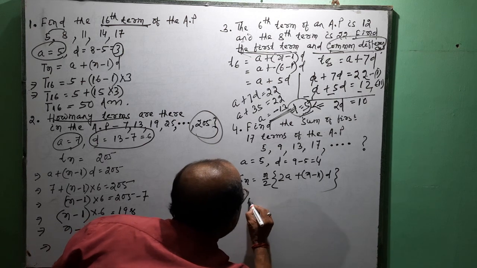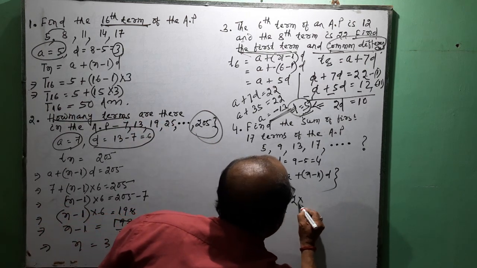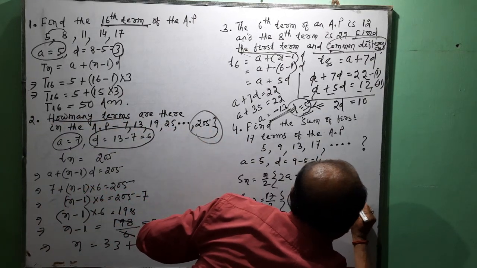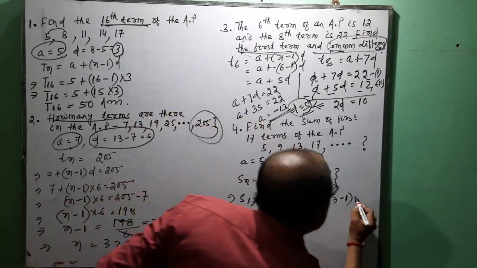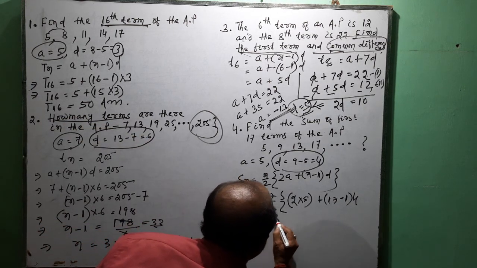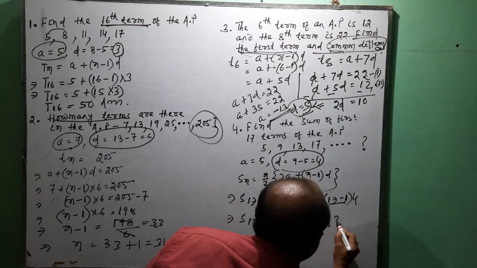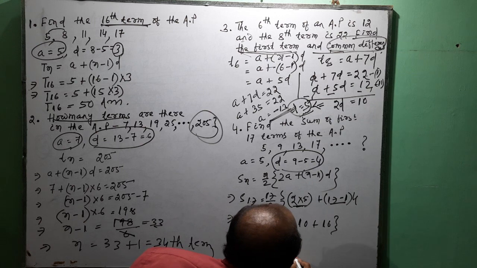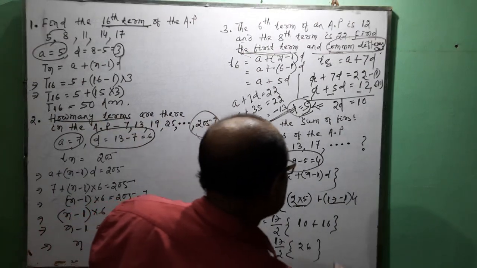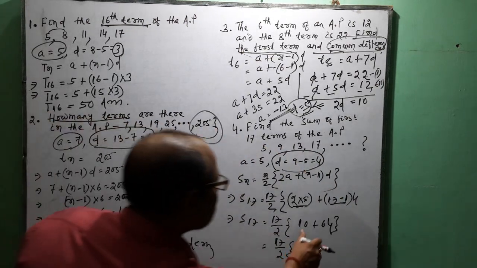S17 is equal to 17 by 2 whole into 2 into 5 plus 17 minus 1 whole into 4. So S17 equals 17 by 2 whole into 10 plus 16, which is 17 by 2 whole into 26. 16 times 4 is 64, this is 74.